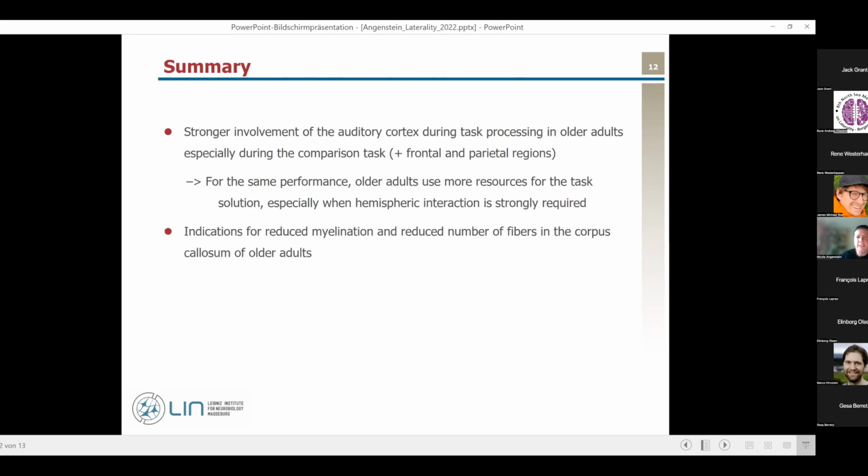We have also seen, specifically for our participant group, indications for reduced myelinization and a reduced number of fibers in the corpus callosum in the older adults. And this hints to a reduced hemispheric interaction in these people. And this might lead to more difficulties during processing of complex auditory stimuli. And this comes in addition to the peripheral hearing loss, which most of the older adults have.